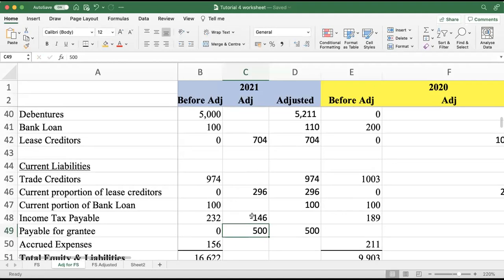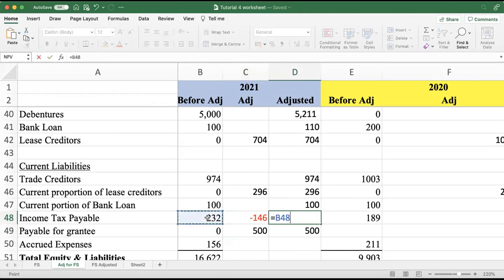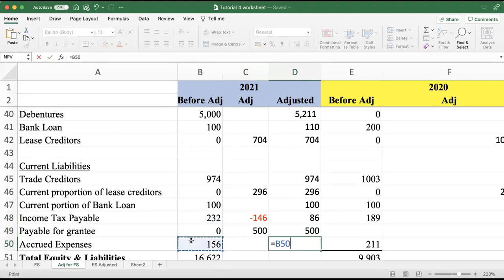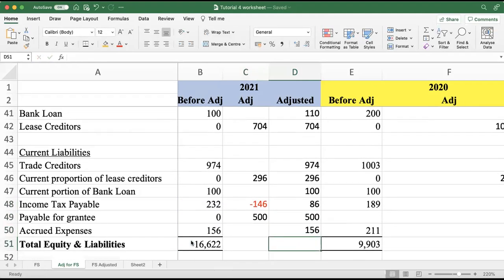So you know this, when the tax expense reduces, your tax payable reduces. Then adjusted tax payable 86. Accrued expenses same as before.